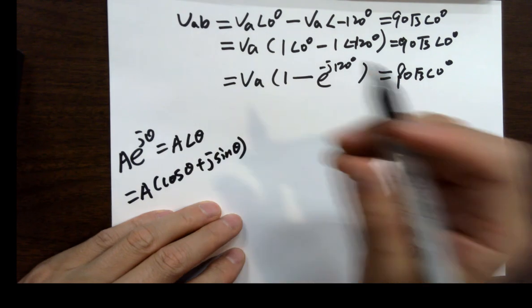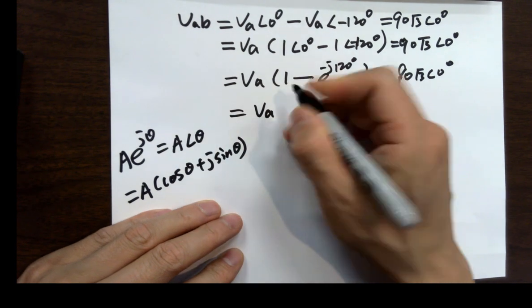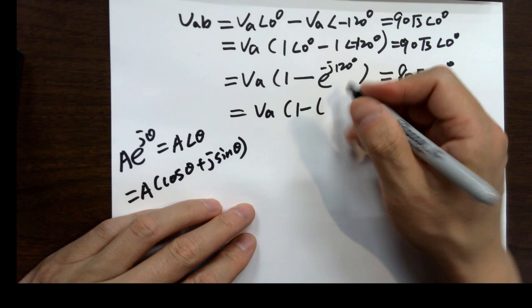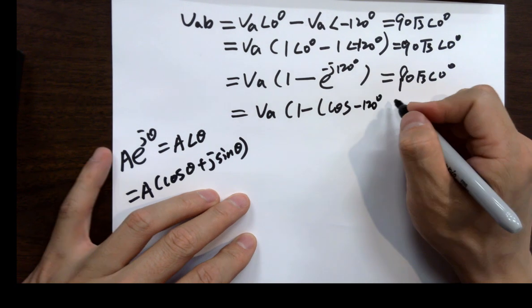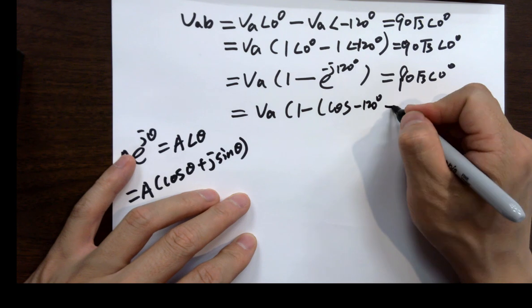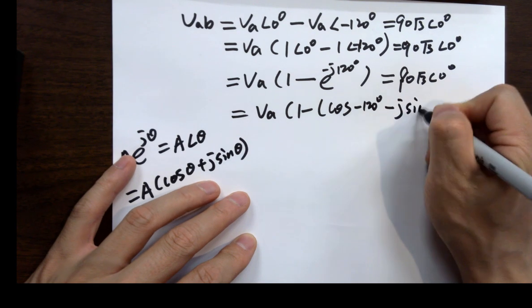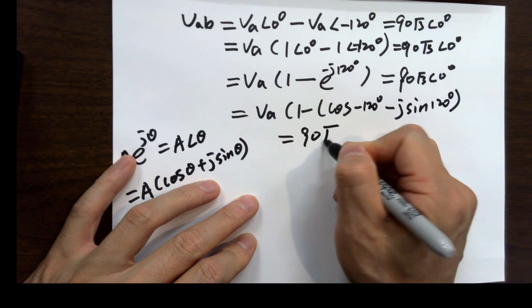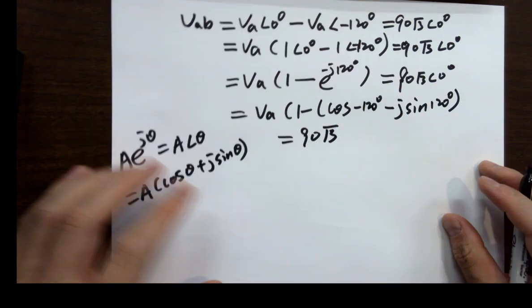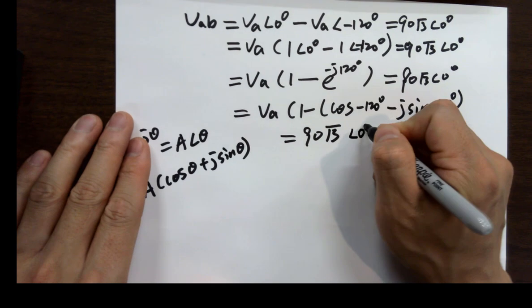So this equals VA times (1 minus cosine negative 120 degrees minus j sine 120 degrees as well), and that equals 90 square root of 3 at 0 degrees.